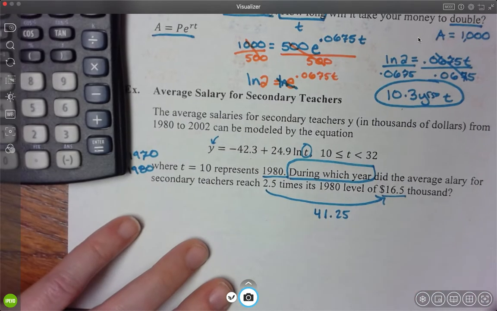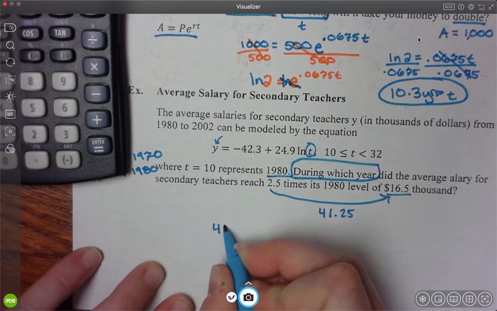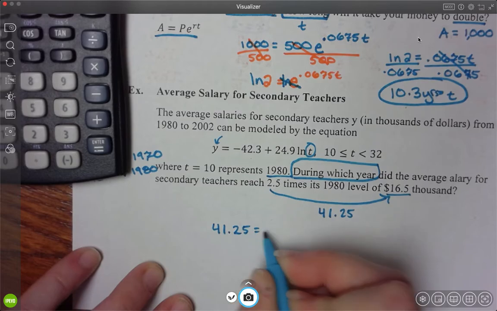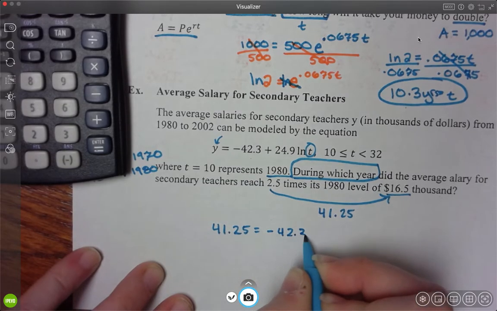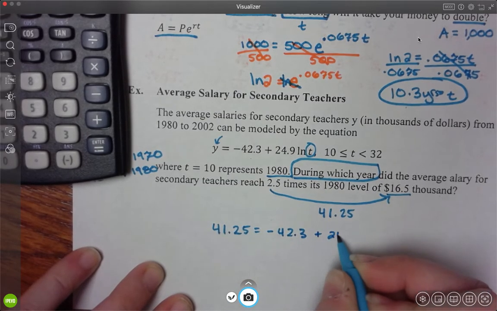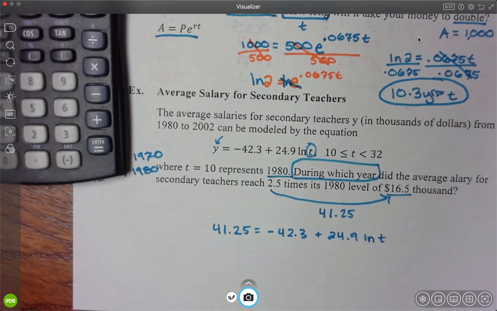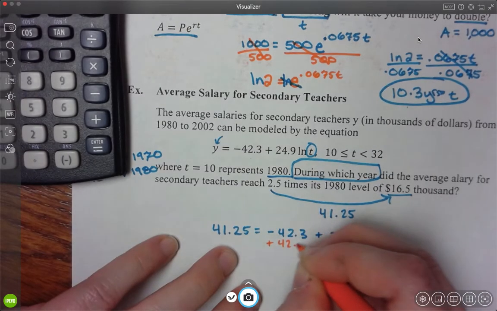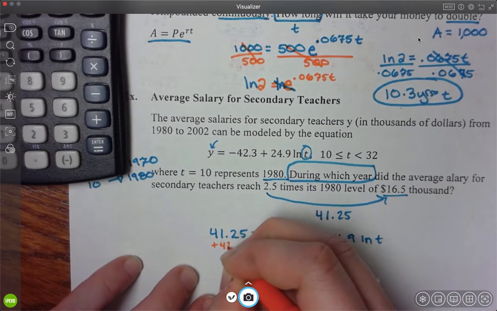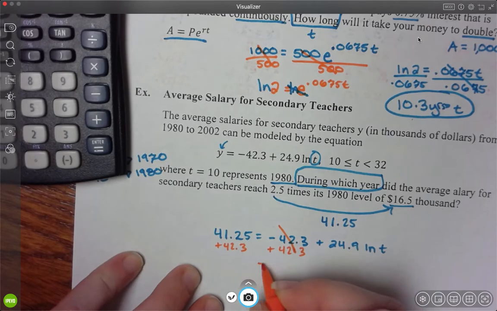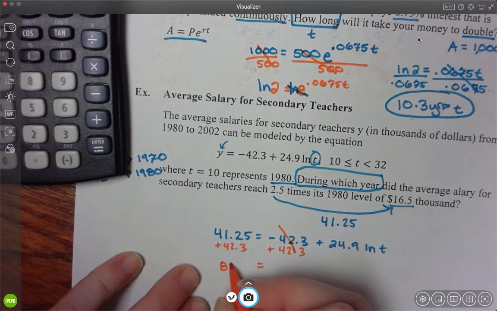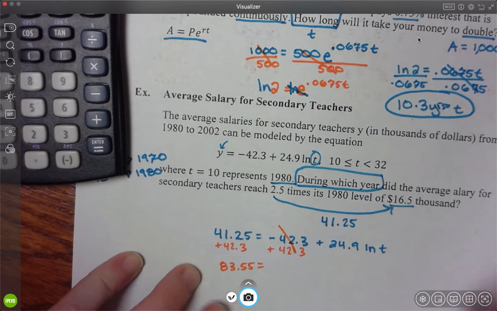So 41.25 equals negative 42.3 plus 24.9 ln of t. Oh man. Okay, now we've got to do some rearranging here and get rid of anything that we can. So I'm going to add the 42.3 over, and that will be gone there. So this will be 83.55, I think, if I did that in my head right.